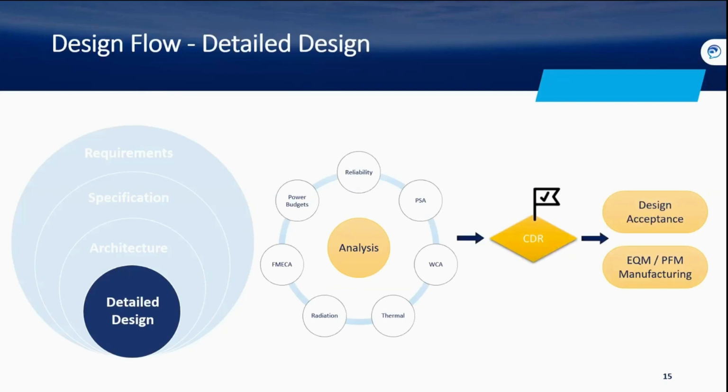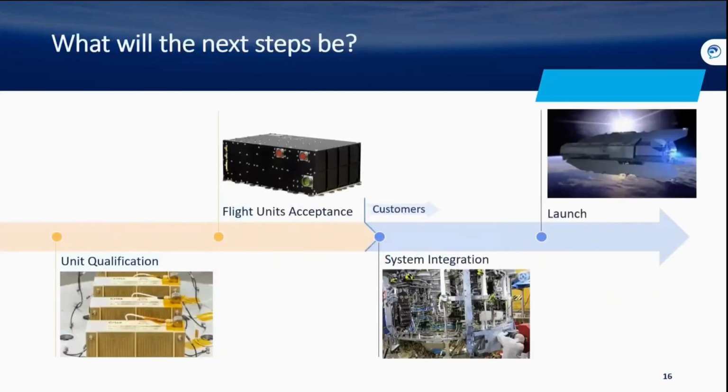At this point, we have 3 standards. We have electrical models, qualification models, and flight models. So the first 2 stand for system performance and system qualification, and the flight model is the one that will be launched. So let's take a closer look at the next steps for the flight module.